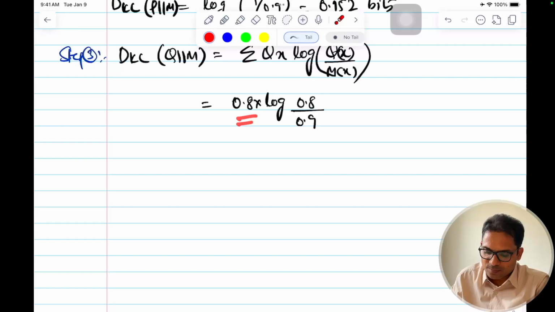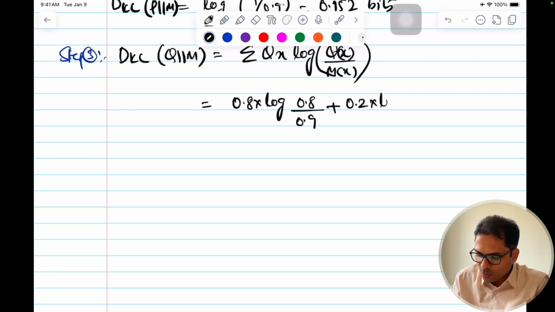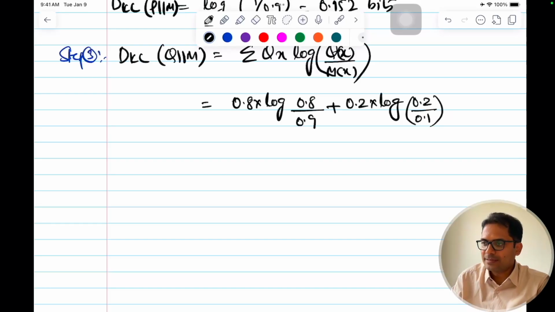So 0.8 by 0.9 plus this will be 0.2, the dog probability, into log of 0.2 by 0.1. This is all base 2. So this becomes 0.2 by 0.1, this will become 2. So log 2 base 2, this will become 1.